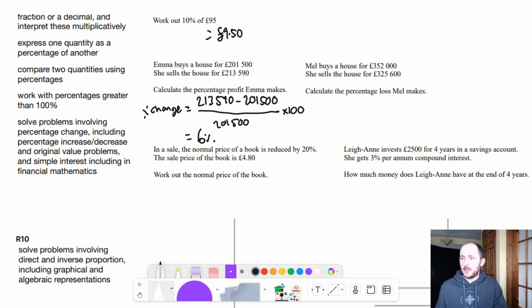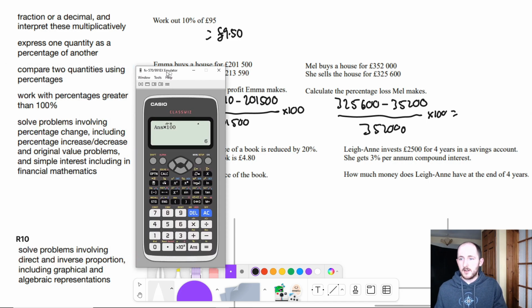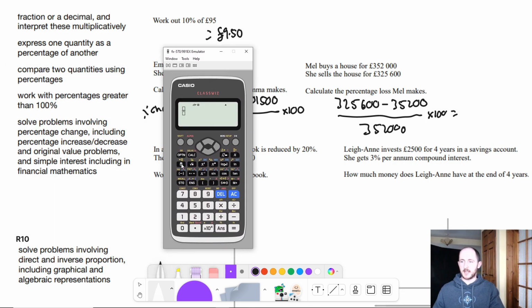Now here's what happens when you get a loss, right? Do the same thing. So you do the new value, which is 325,600, minus the old value, 35200, over the old. Now, those of you that are a bit sharp, you might be able to see that it's just going to give me a negative number. That negative number is because it's a loss. That's it. Okay, so all you need to do is, if you get a negative percentage, you just make it positive and say it's a loss.